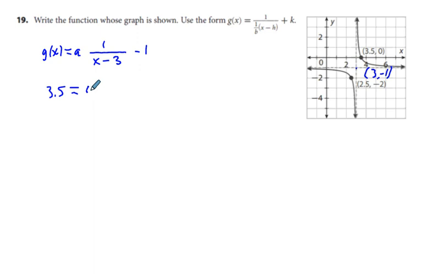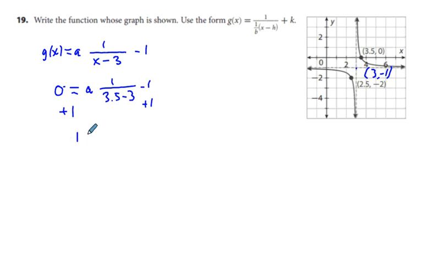I got this backwards here. We have 0 is equal to a times quantity 1 over 3.5 minus 3, minus 1.